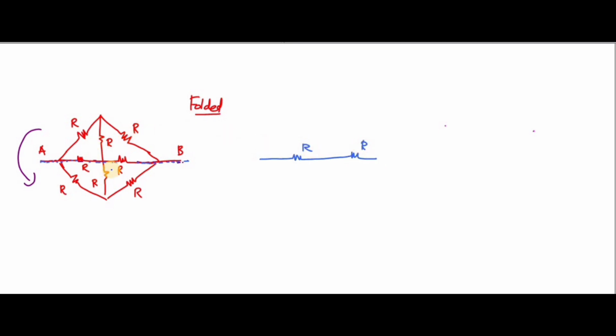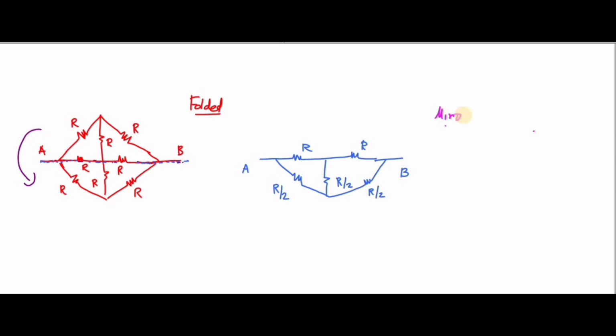So if you see, I would draw R and R, and these two are parallel, so I can write it as R by 2, and similarly that also is in parallel, so I can write it as R by 2. So this is A and B, okay, since I have folded like this in this direction.